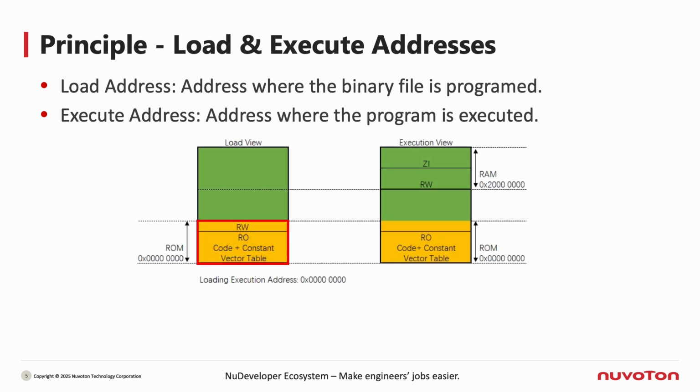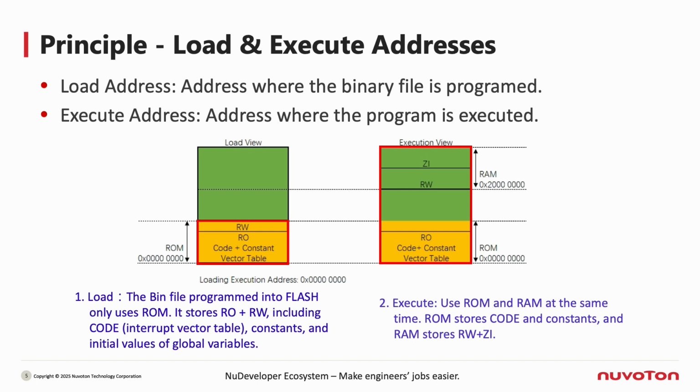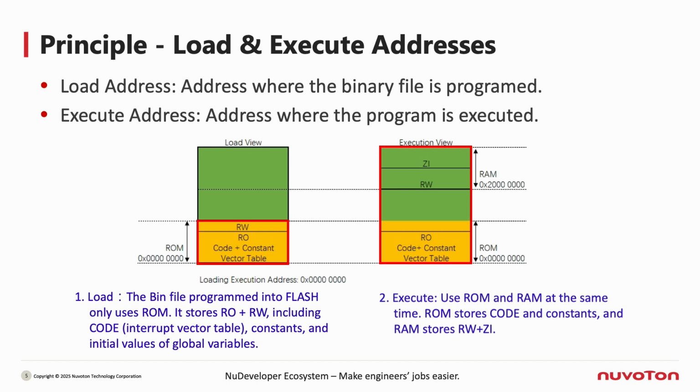From the loading view, you can see that only ROM is used here, and it starts from address 0x00000000, and the binary file is saved, including RO and RW. RO contains code, constants, and the initial values of global variables. From the execution view, we can see that both ROM and RAM are used here. ROM contains code and constants, while RAM contains RW and ZI.